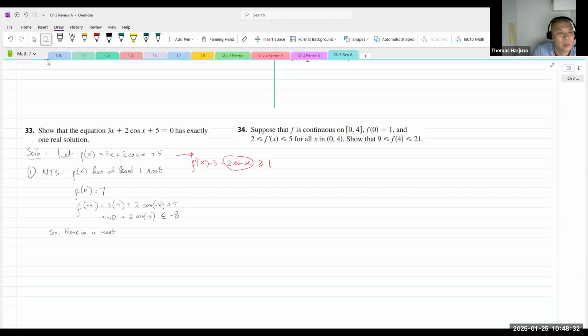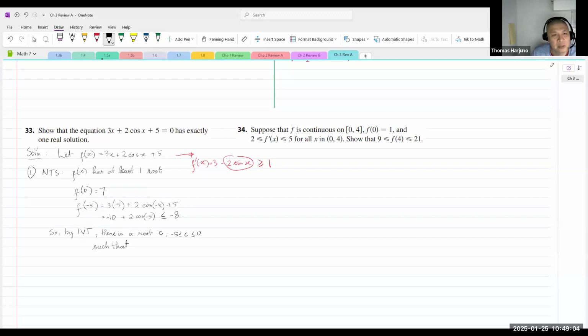I think I need to say so by the intermediate value theorem. By the intermediate value theorem, there is a root c between -5 and 0, such that, you see f0 is positive, f-5 is negative, right?